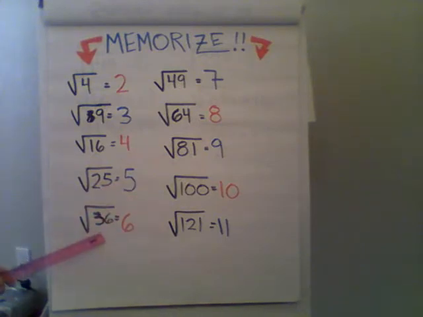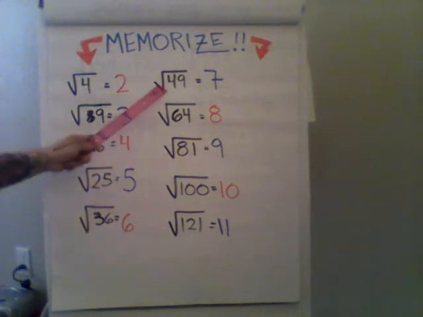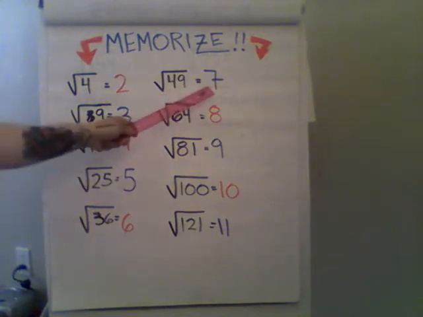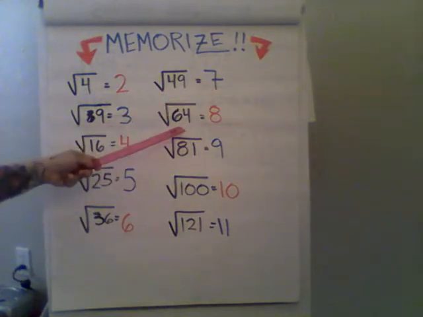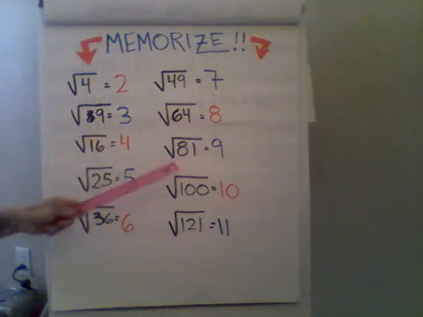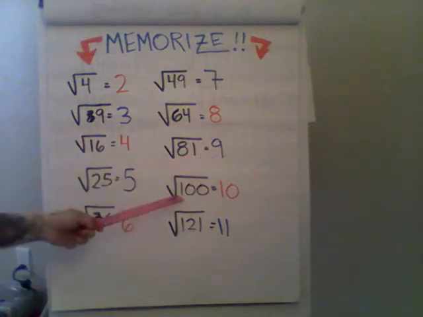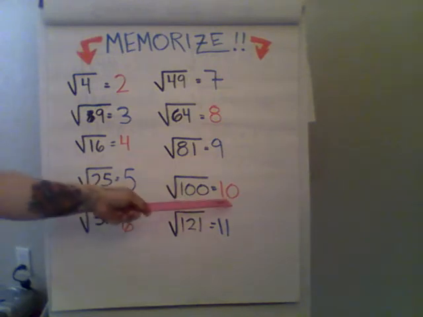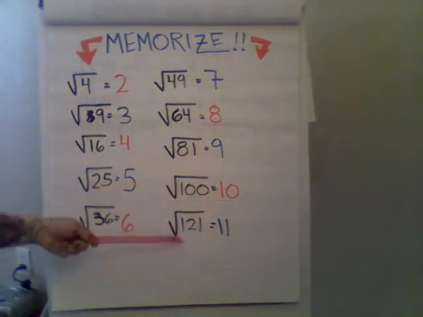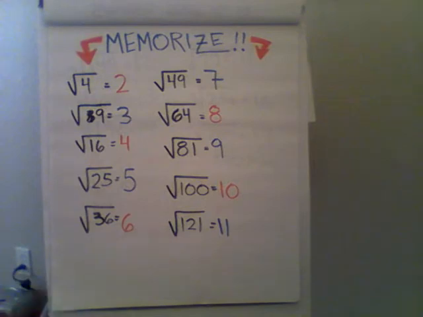The square root of 36 is 6. The square root of 49 is 7. The square root of 64 is 8. The square root of 81 is 9. The square root of 100 is 10. The square root of 121 is 11. And we're just going to go a little bit further, okay?